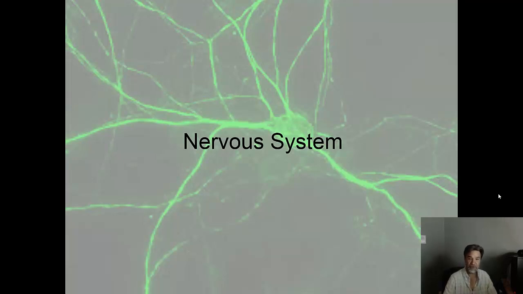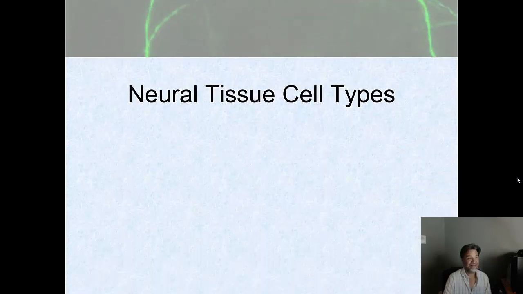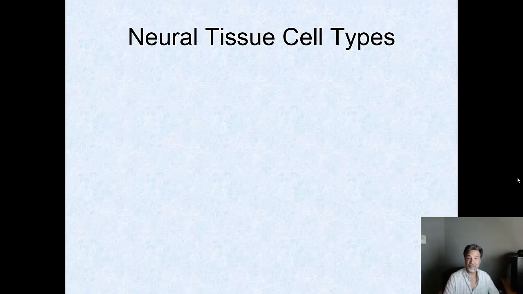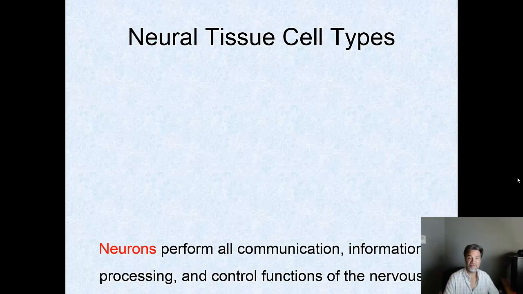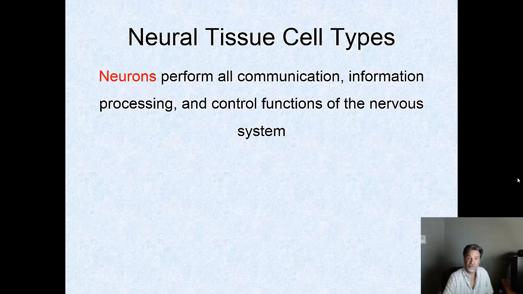Okay, so chapter 12 is the nervous system. Obviously, my favorite, and it begins by we'll talk about the two basic cell types found in the nervous system. The first one you've heard thrown around already many times when we talked about the skeletal muscles, and that one is the neuron. And the neuron is made up of a basic cell body.